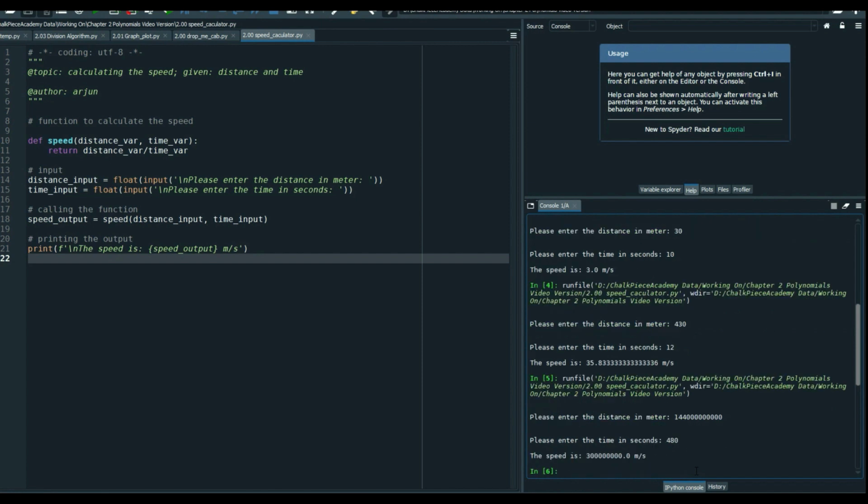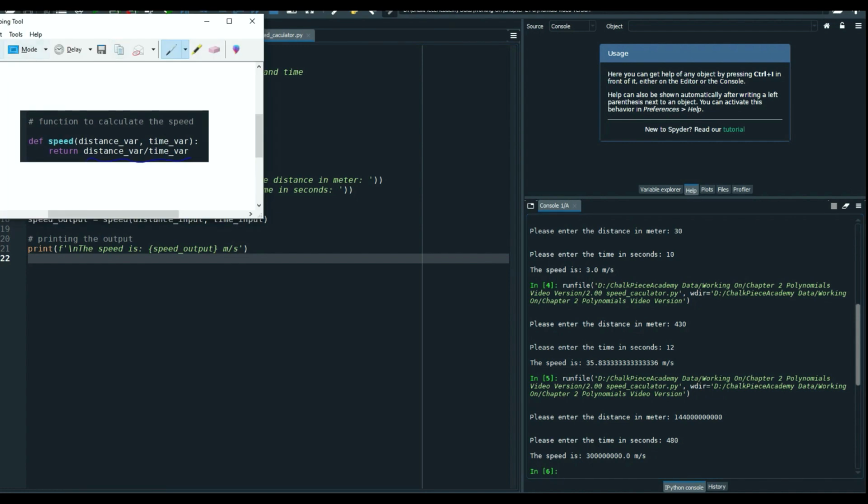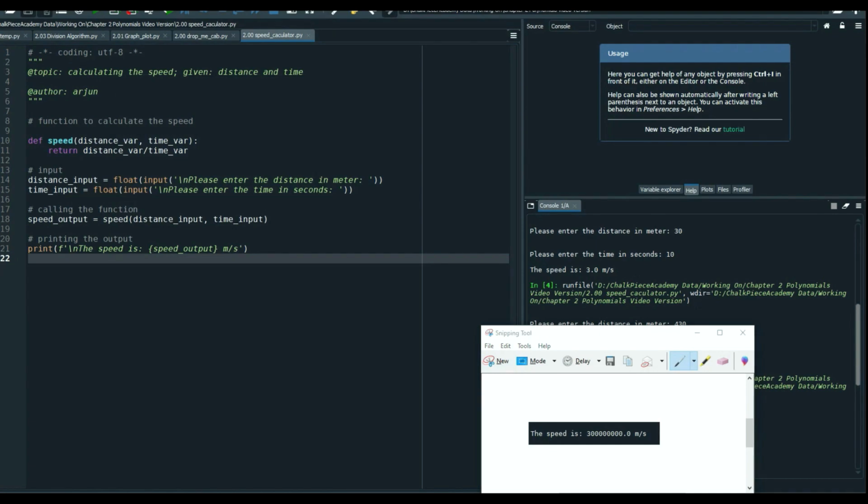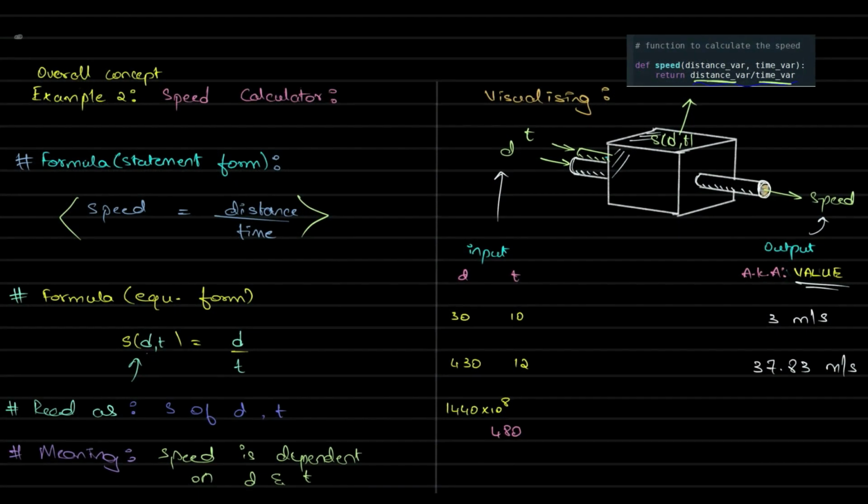And we have 3 followed by 8 zeros, 1, 2, 3, 4, 5, 6, 7, 8. So 3 into 10 to the power of 8 meters per second.